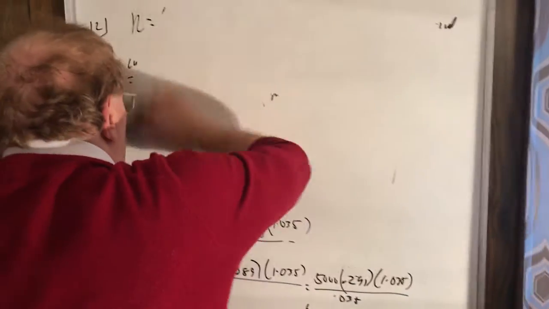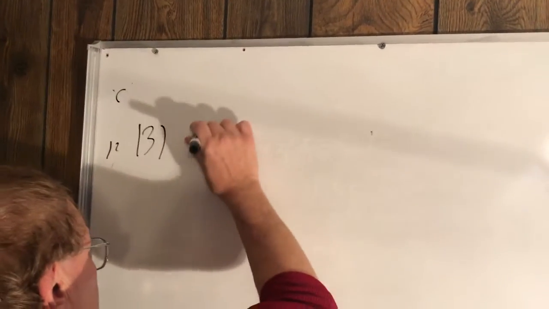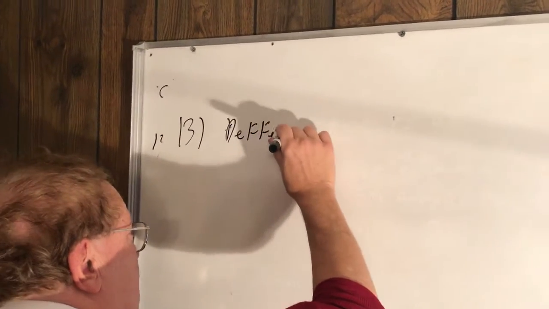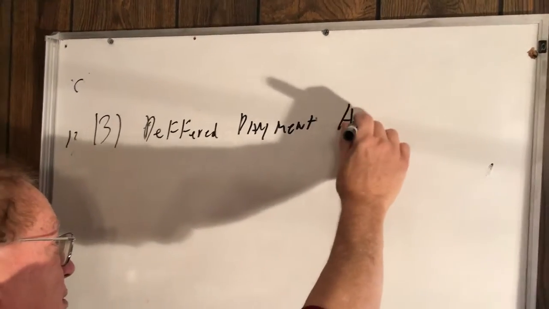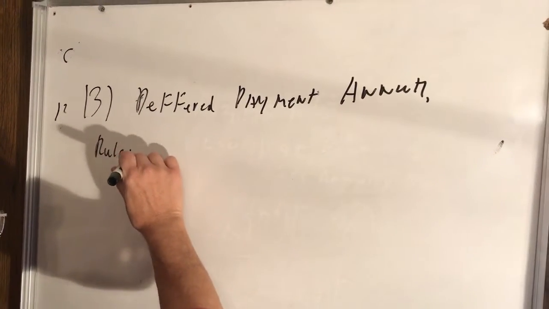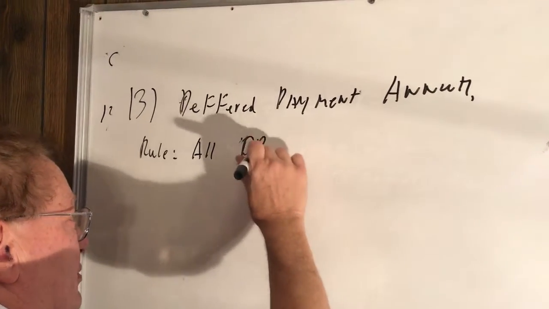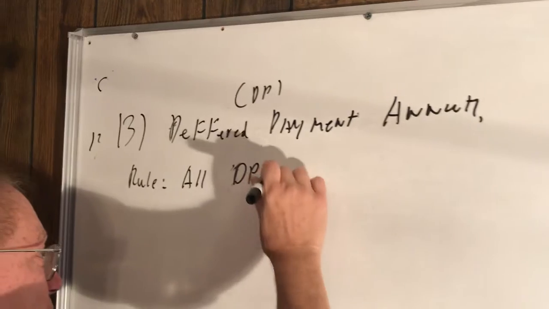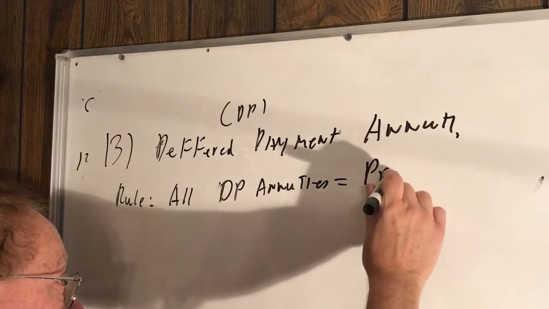This is deferred payment. So, number 13 is a deferred payment, and as a general rule, all deferred payment annuities, for our cases, are present values.